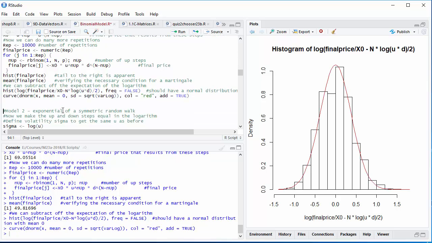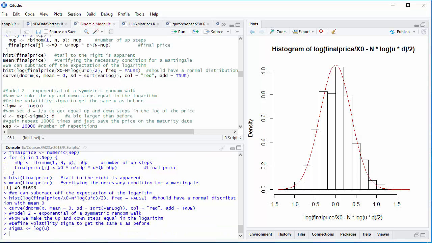Now I'm going to change the model very slightly. In order to make the exponent be a random walk, instead of saying up by 18% or down by 18%, I'm going to say multiply by 1.18 or divide by 1.18.